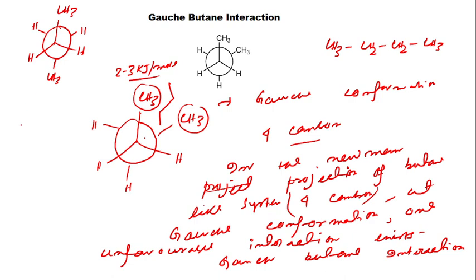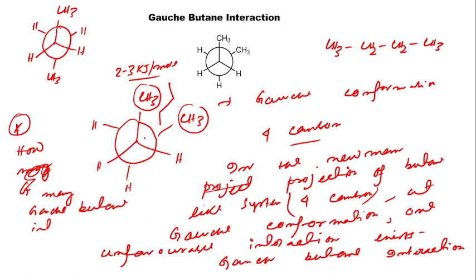So what is being asked in the question? The examiner asks how many gauche-butane interactions exist, or whether any gauche-butane interaction exists or not.